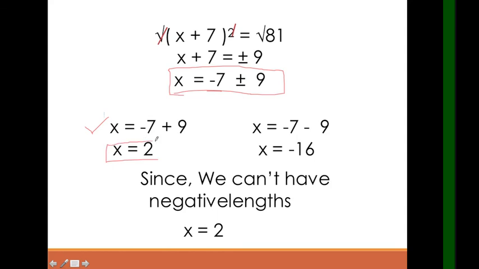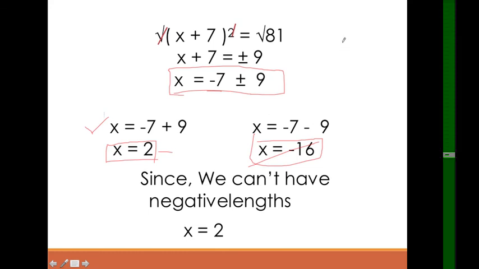So we have 2. For this portion, they have the same sign, so we add them and copy the sign. So we have 7 plus 9, 16, and then copy the sign negative. So we have x equals negative 16. So since we don't have negative length, we will cancel this one and we will use x equals 2.